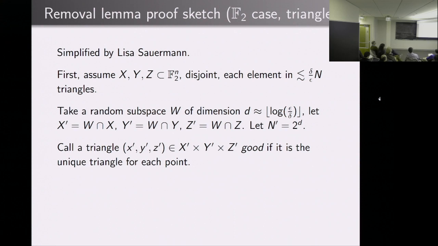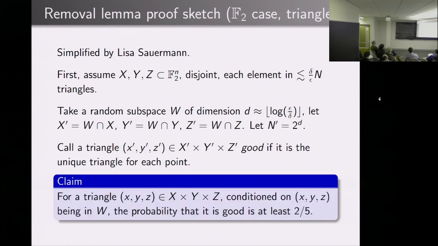We want to argue that in this intersection, we end up with a lot of good triangles. Specifically, what we prove is that if we have a triangle in the original sets and we take this random subspace, then if we condition on this triangle being contained in this subspace, the probability that it's good is at least 2/5, some constant, which for us is 2/5.